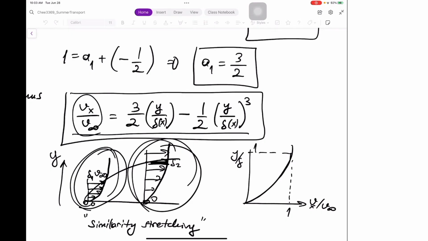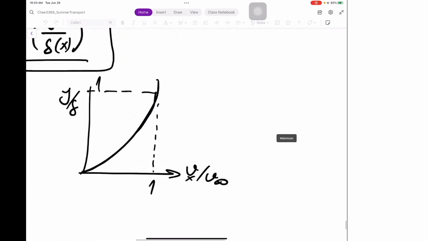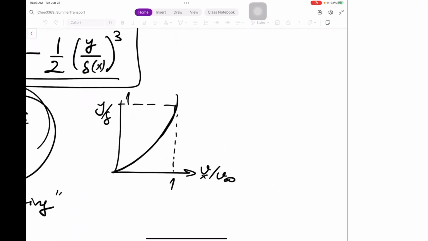And this actually gives us a picture called similarity stretching that tells us that the Vx over V infinity is a function of y over delta, and this dependency doesn't change along the x. So as you can see in this figure, you can plot y over delta versus Vx over V infinity, and it's the same function for all x's.